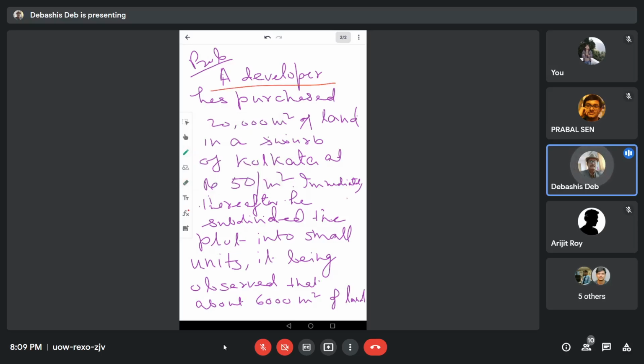A developer, a promoter, has purchased 20,000 square meter of land in a suburb, which is the outskirt of the city or town of Kolkata. He got it at a cheaper rate of 50 rupees per square meter. Immediately thereafter, just after purchasing, he started subdividing the plot into smaller units because he is a promoter.